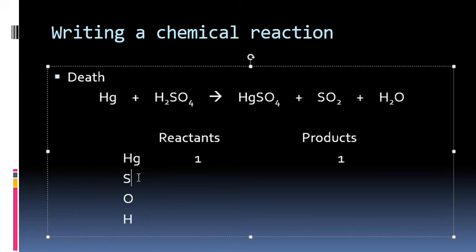Now as far as sulfur, since sulfur is only appearing in H2SO4 on the left side, that molecule only has 1 sulfur, and on the right side we have HgSO4 as well as SO2, so they each have a sulfur atom. So that would add up to 1 sulfur on the left side and 2 sulfurs on the right side of the equation.